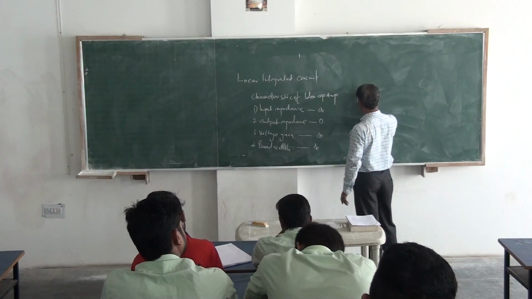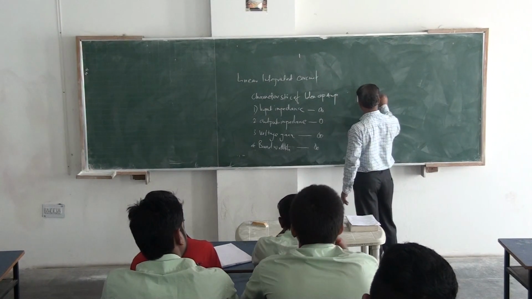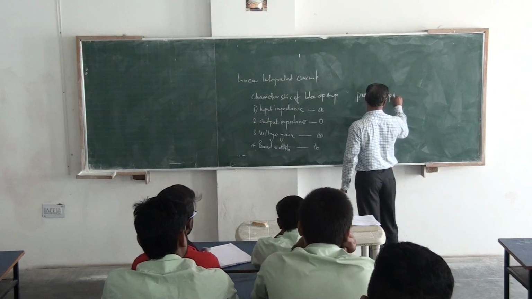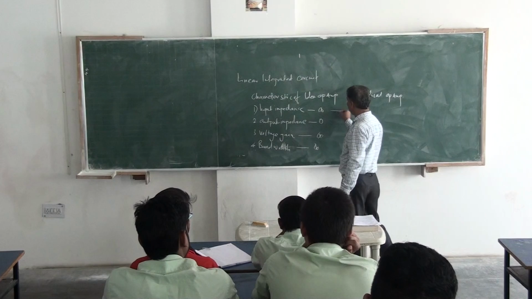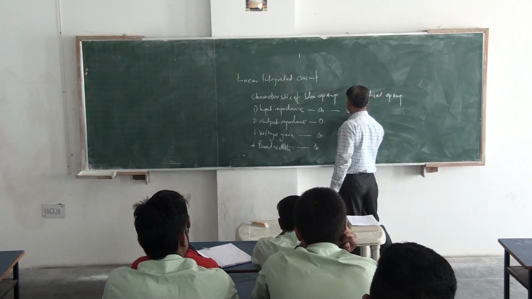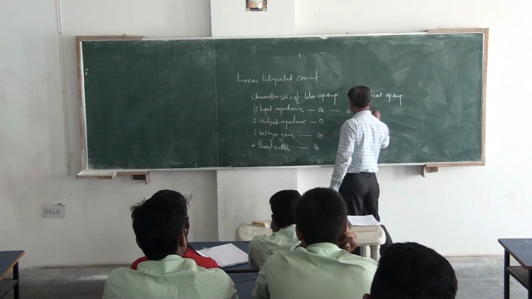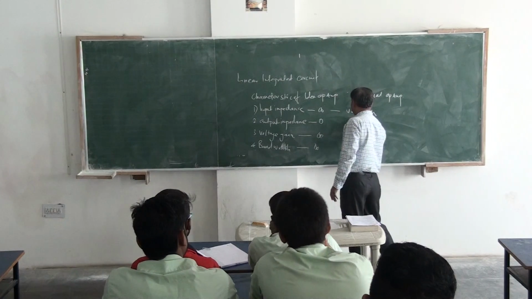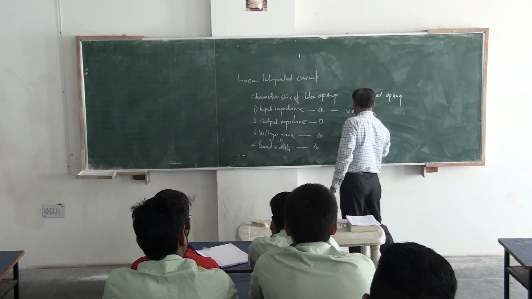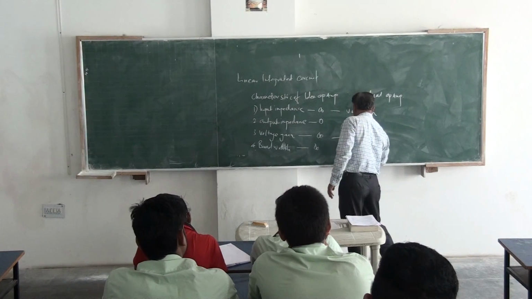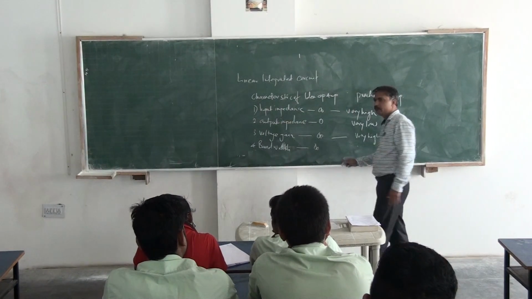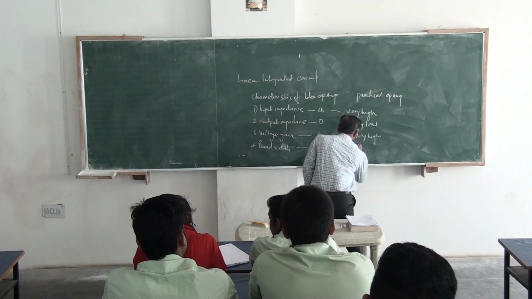For the characteristics of a practical op-amp, input impedance should be very high. Output impedance will be very low, and voltage gain will be very high, as well as bandwidth should be very high.